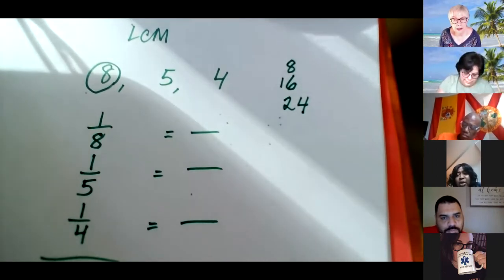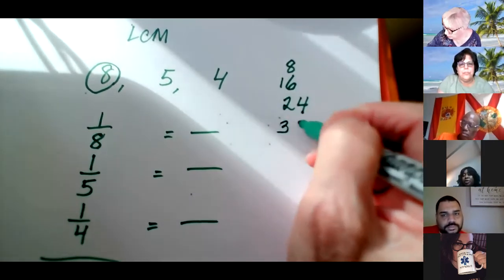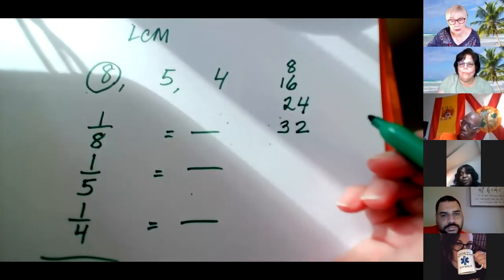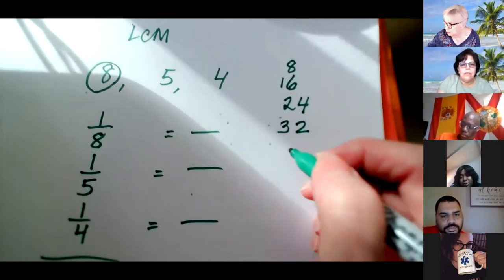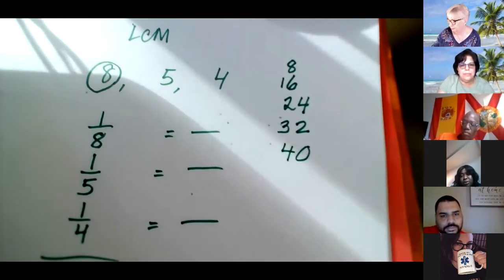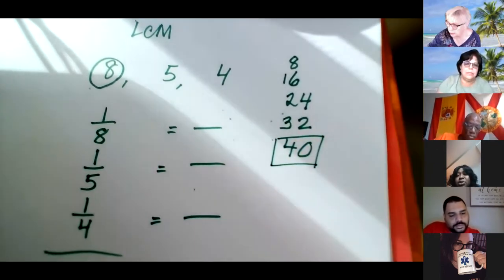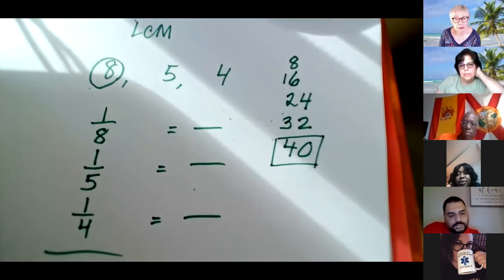I can't do 5 into 24. 8 times 4 is what? 32. 5 still won't divide into that. 8 times 5 is 40. 8 goes into 40, 5 goes into 40, 4 goes into 40. This turned out to be the lowest common multiple.